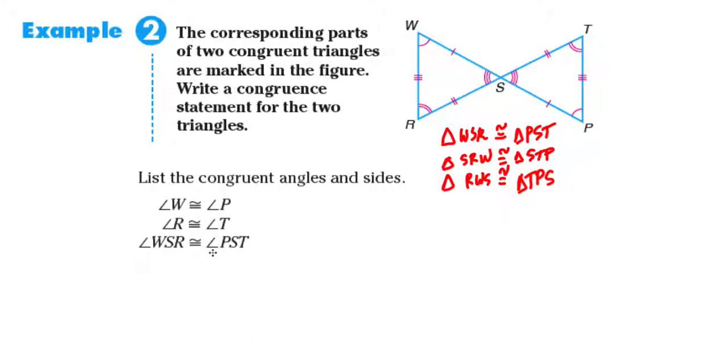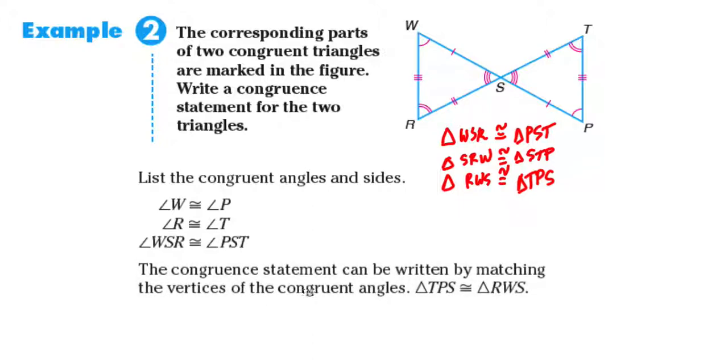Angle WSR is congruent to angle PST. The only reason, again, why we're doing 3 letters is because S is connected to 2 angles. To be able to identify them separately, we name this angle with 3 letters, WSR and PST.